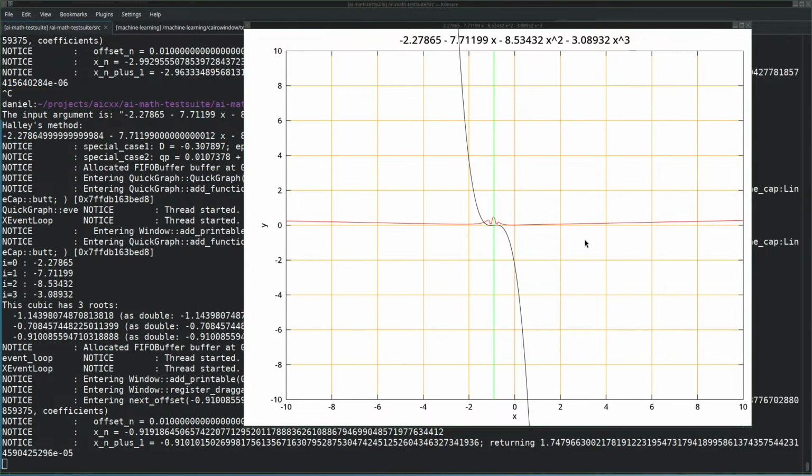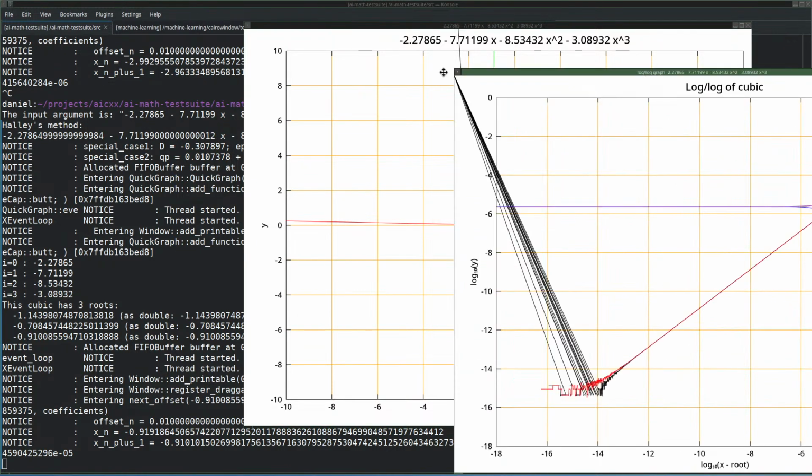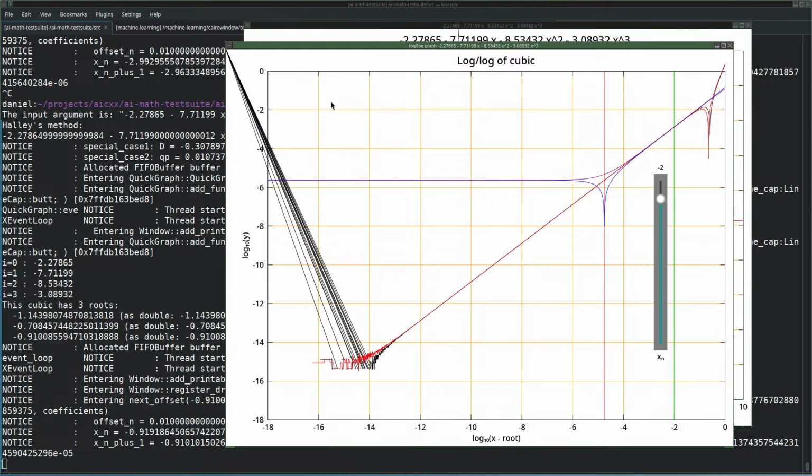Okay, this looks more useful. This is a problematic cubic because the root is like this, the machine epsilon error, a little bit 2 times 10 to the power minus 16.